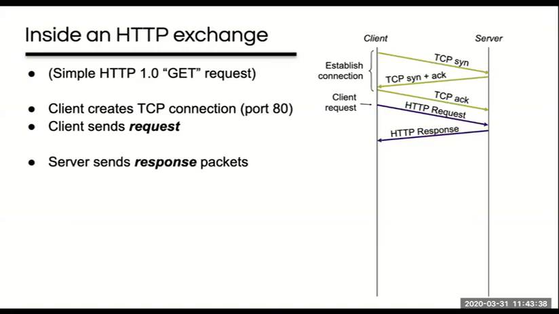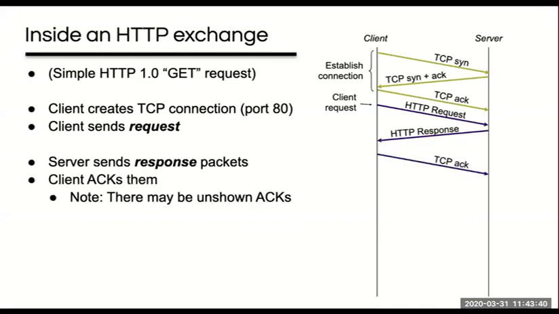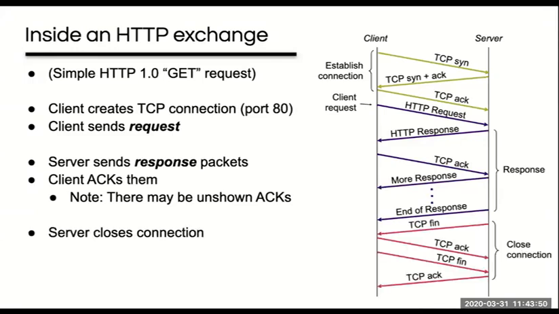Then the server sends a response, and the client ACKs it. And the response may spread across multiple packets, and so they all get ACKed. And then the server closes the connection. So simple, I think. Let me know if you have any questions on that. I think it pretty much makes sense.